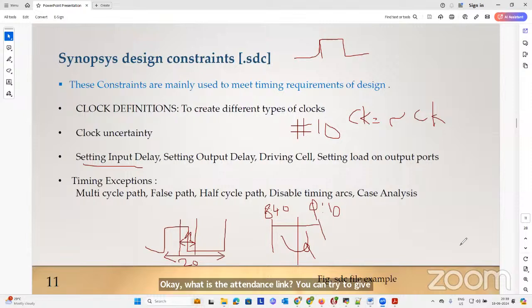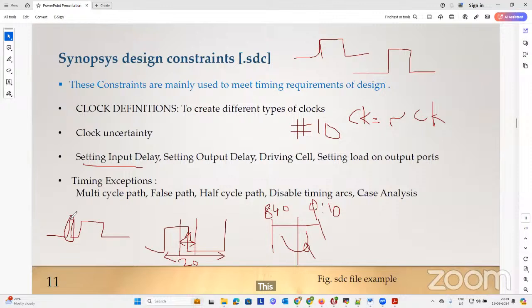Okay, so coming to the delays. If this is the ideal clock, I want to set some input delay. So this is input delay. I'm introducing it mandatorily. Next, I want to capture the output on this clock edge, but I am trying to insert the output delay.